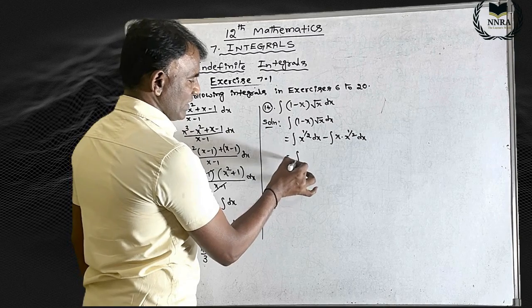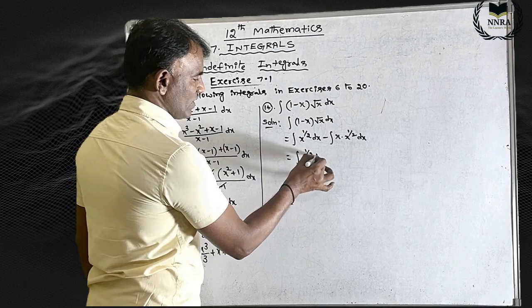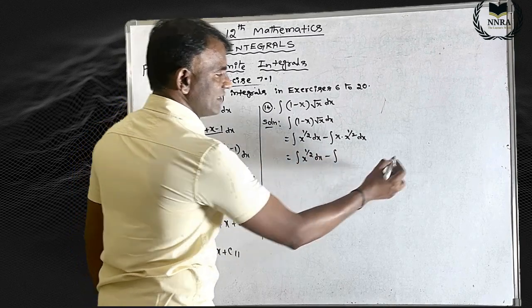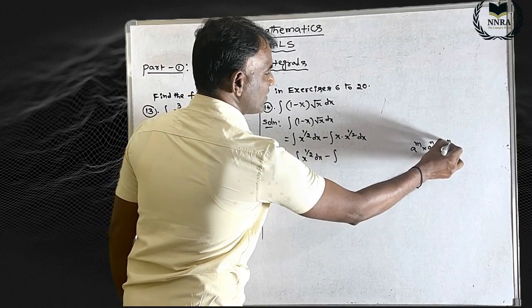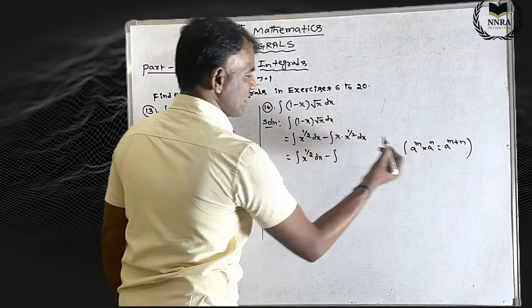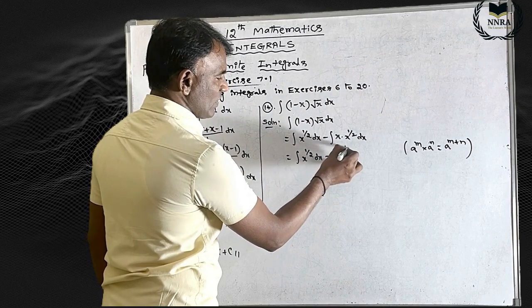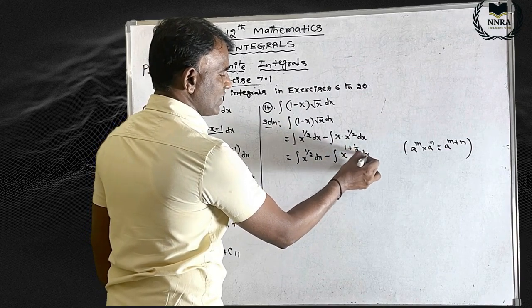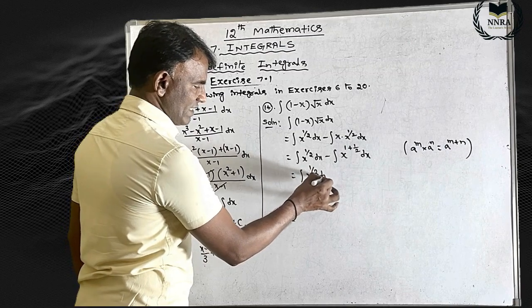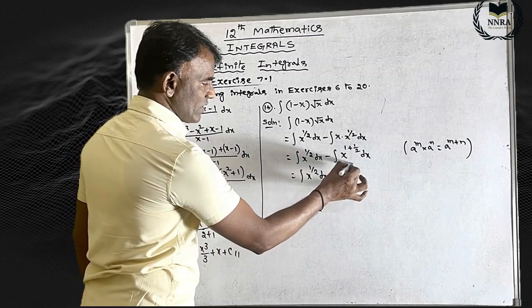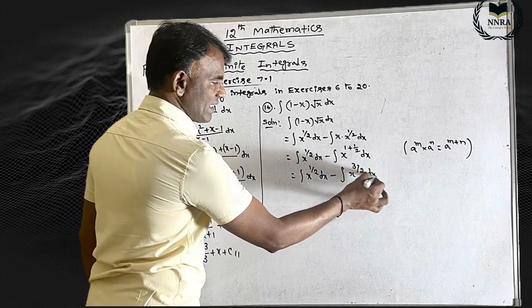And it is integral x power 1 by 2 into dx minus integral. So now this is the formula, a power m into a power n equal to a power m plus n. So x power 1 plus 1 by 2 into dx, and that is integral x power 1 by 2 dx, and 1 plus 1 by 2 is 3 by 2, then dx.